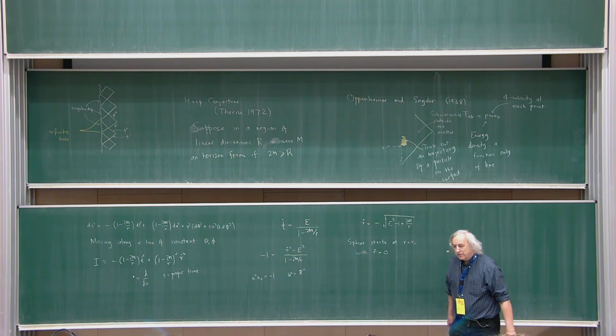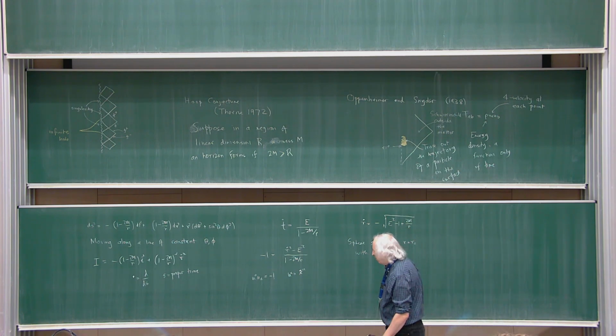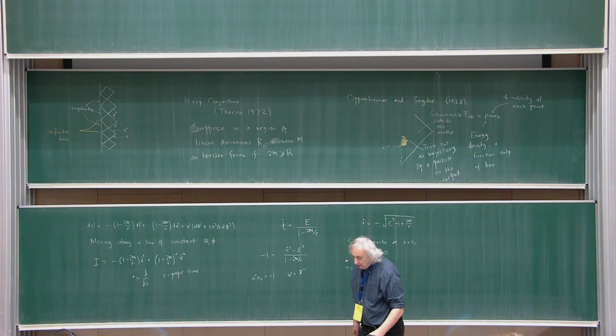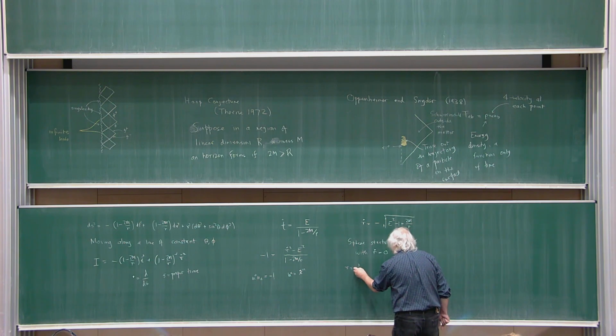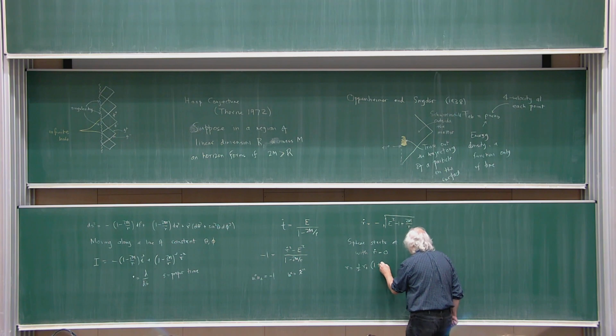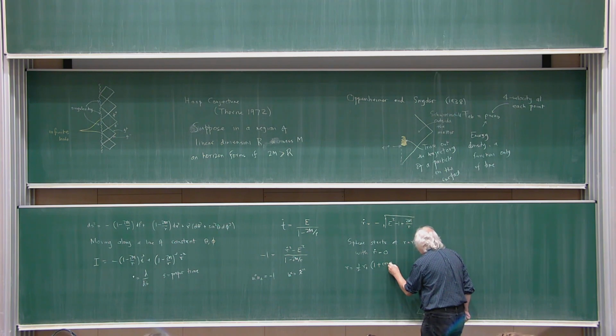So now integrating this is straightforward, although not quick. r is equal to a half r0 into (1 plus cos eta).